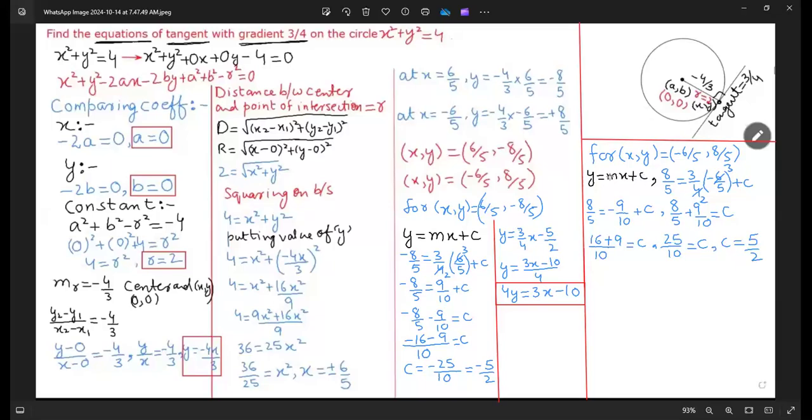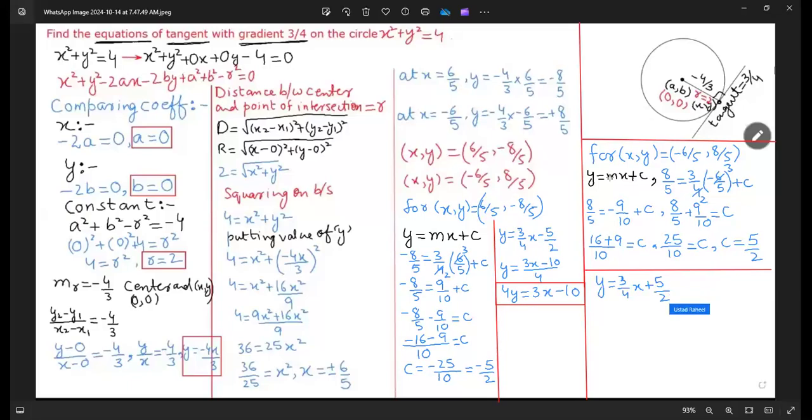Plotting it over here with the value of m. Okay, so I can see what will be my result over here. Let's just separate this thing, right? So y equals to m is 3 over 4x plus 5 upon 2.